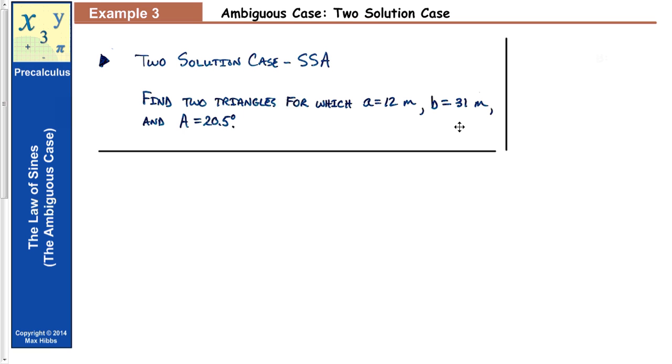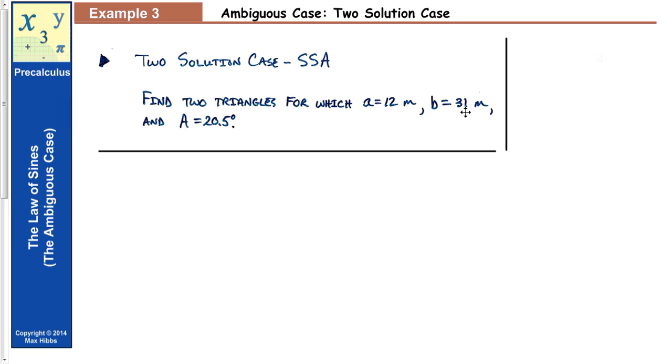And remember, a triangle could have no obtuse angles. Okay, so B might be an acute angle, but we could also have a triangle that has one obtuse angle, only one.